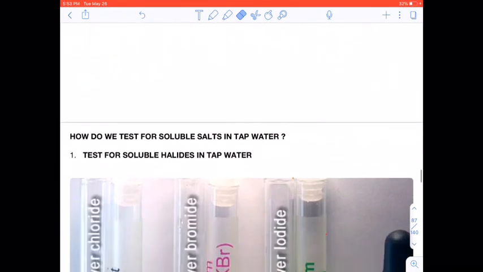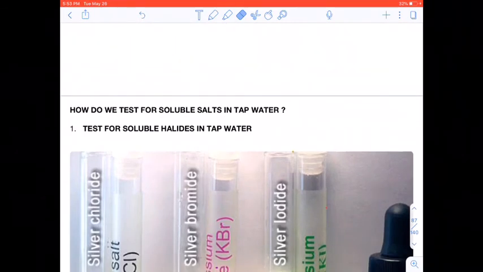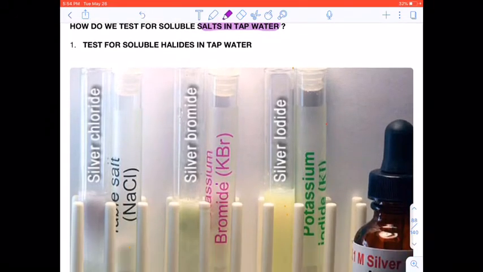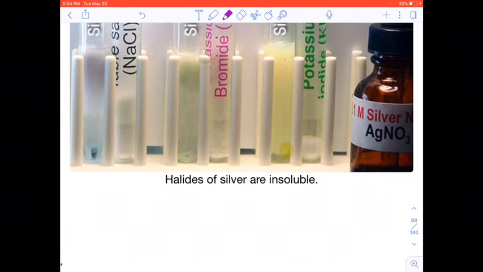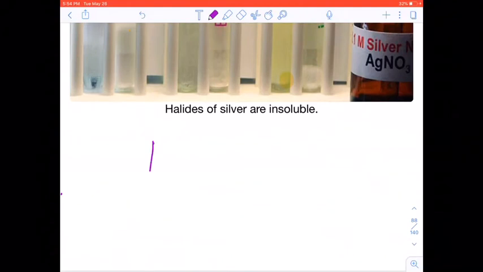Right, now, how do we test for soluble salts? Say in tap water. Right, now we know tap water, if we look at tap water for instance, I have tap water here, and this tap water may have a lot of salts. We know tap water does have salts, so it could have KCl, potassium chloride salts in here, isn't it?